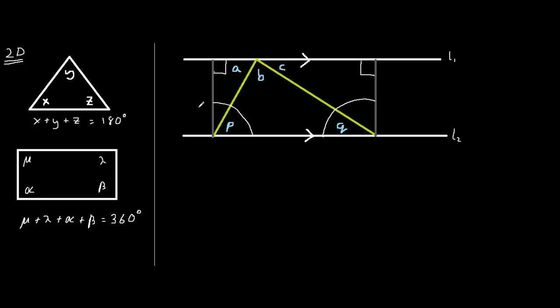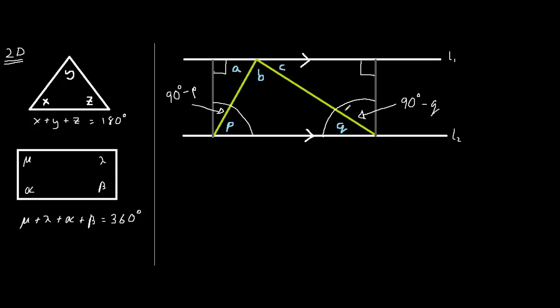Knowing that this corner is 90 degrees, we can say that this smaller angle here is 90 degrees minus P. And because this corner is 90 degrees, this small angle here is 90 degrees minus Q.